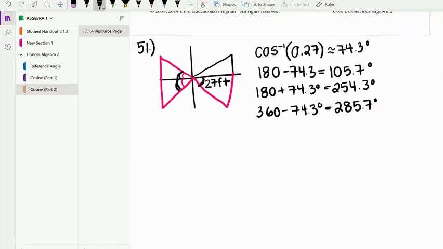All right, next is 52. For problem 52, it wants you to look back at the resource page. We didn't need to print that one, but it's essentially just finding the cosine of 130 degrees.